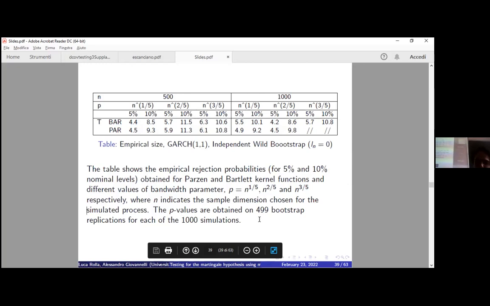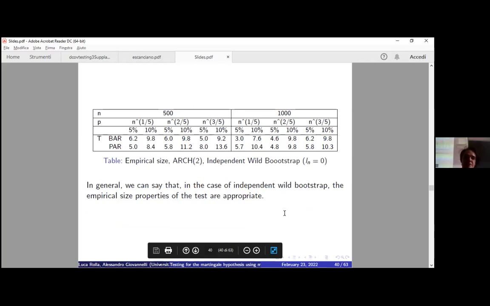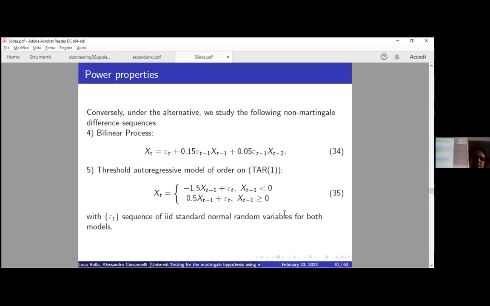The p-values are obtained on 499 bootstrap replications for 1,000 simulations. Okay, the same results for the ARCH process here. And even in this case, we approximate well the nominal levels.